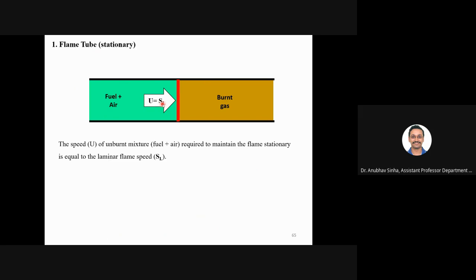Once you are able to stabilize the flame, you keep on supplying mixture at different velocities and try to get it stable. If the velocity is low, the flame will move to the left side. If you increase velocity U, it will move to the right side. But if it exactly matches SL, then it will stay stationary.